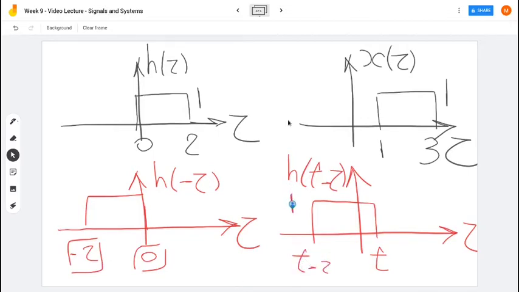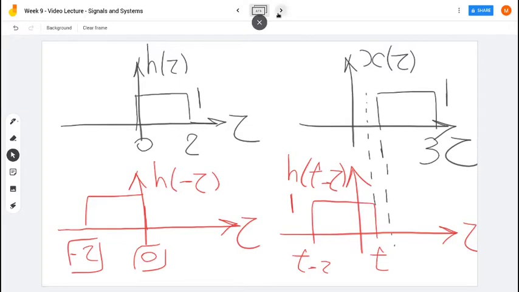And now we can start changing the value of t and see the overlap between x of tau and h of t minus tau and do the integration. So first step, we can clearly see that if t is less than 1, then there will be no overlap, and x of tau times h of t minus tau will give us 0.